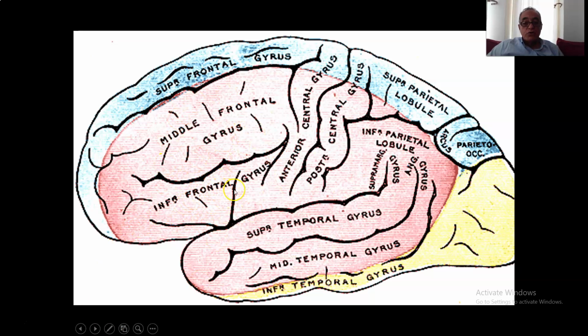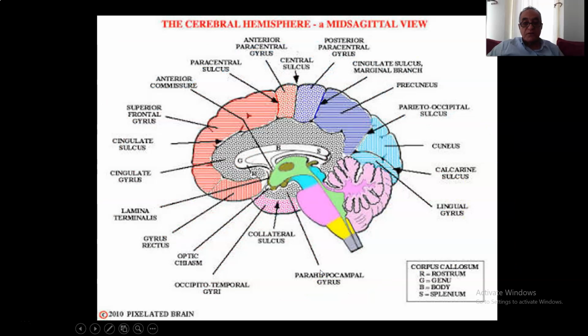And you will see that the precentral and central, we have the anterior central gyrus, motor area, and the postcentral gyrus, sensory area, and the superior parietal lobule and the inferior parietal lobule, parieto-occipital part, and the temporal lobe, with the superior, middle, and inferior temporal gyri divided by the superior and the inferior temporal sulci.